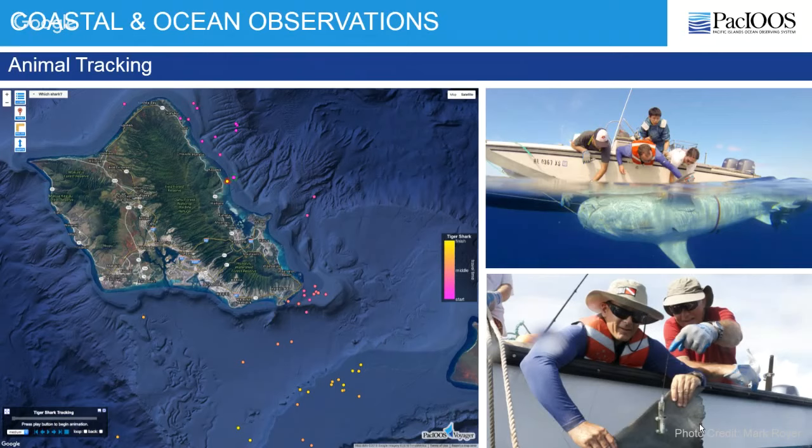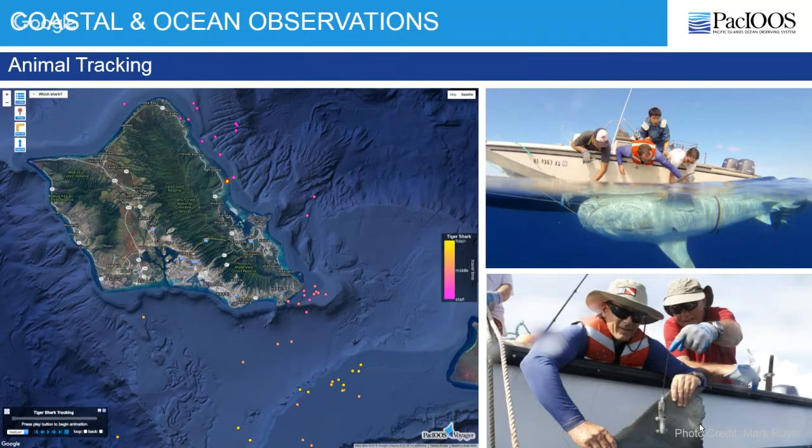So they tagged tiger sharks, and I can't remember the amount, but I think it was more than 20, could have been 40, to see what their patterns are. And they found out that the sharks are really drawn to the coastal shelf, and there just happens to be a lot of coastal shelf area in the Maui Nui complex.